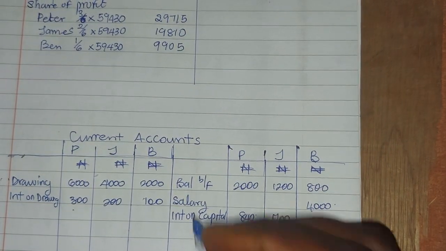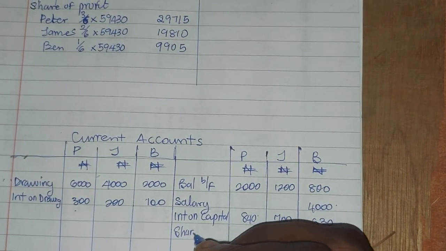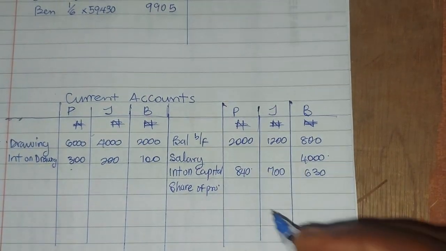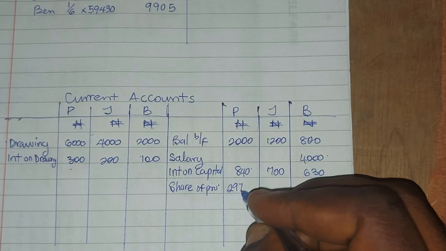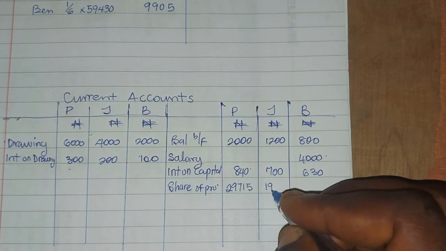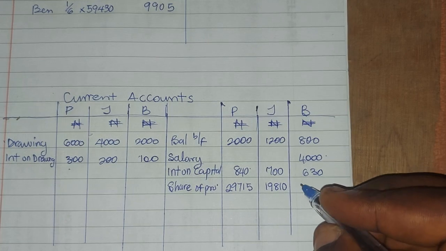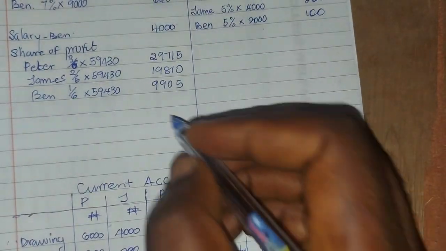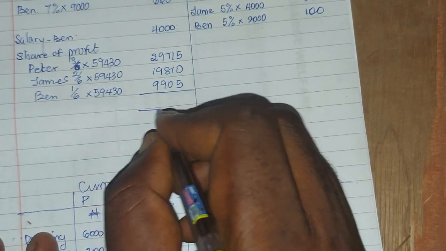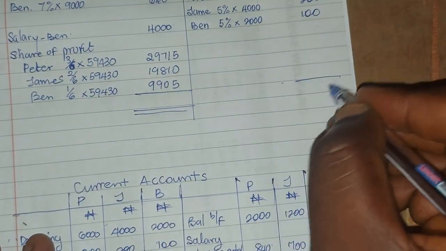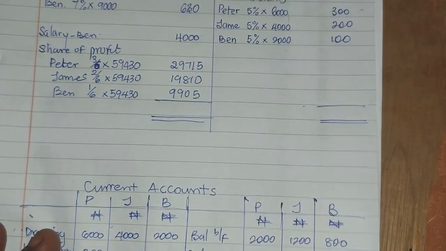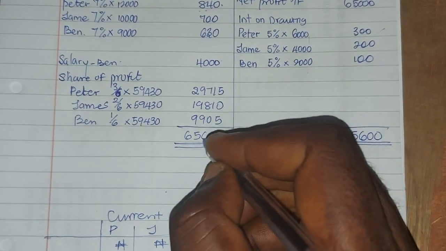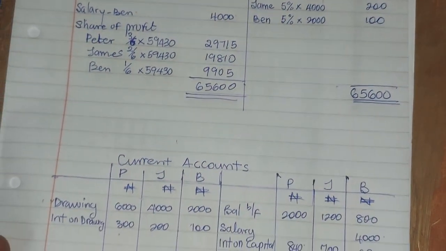Then you have to credit your current account, share of profit. Okay, so you have 29,715, 19,810, and 9,905. All right, then the total of these is 65,600 and 65,600. Okay, the account is closed up.